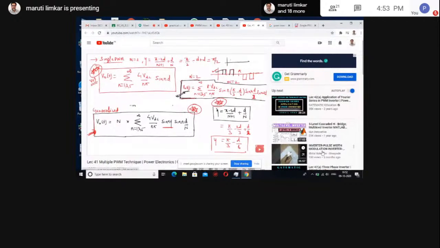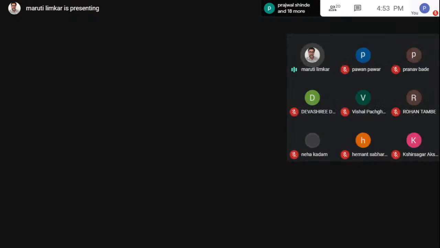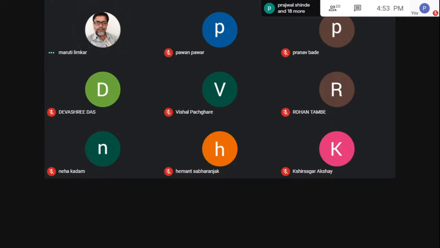Are you getting this? So do not mug up these things, guys. I am again telling you, just see the generalized expression and see this expression. If you know this expression, then you can find the Fourier series expression of any kind of multiple PWM. Got it? Now, okay, do you understand the concept of pulse width modulation?